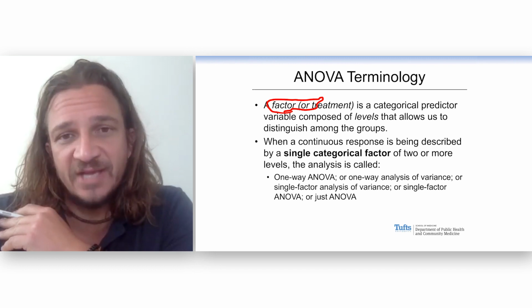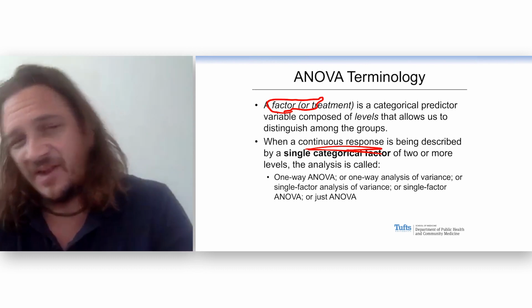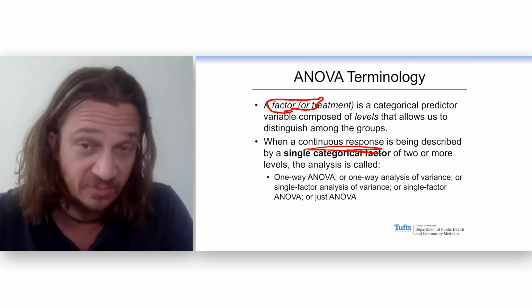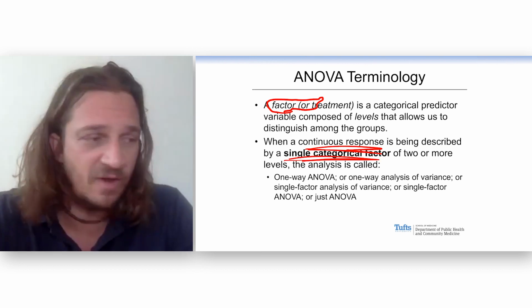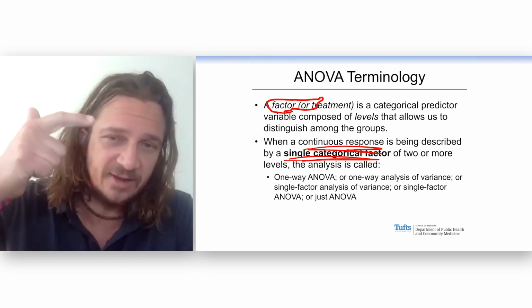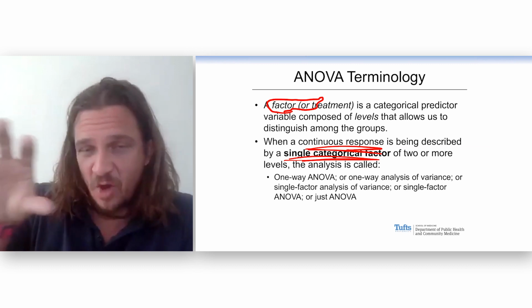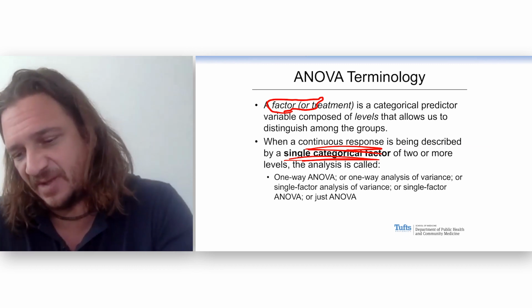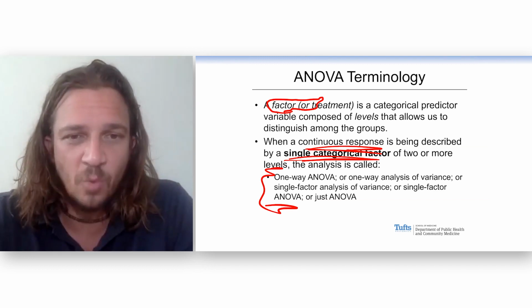Well, blood pressure is our nice continuous variable, right? That's our continuous response. And if we're trying to use one factor to see what's going on, that would be our single categorical factor. And however you happen to be defining race, maybe you have white, black, Hispanic, white, black, Asian, white, black, however you do it, that is called your factor. And we'll see a bunch of different terms for this. If you just say ANOVA, usually it's a one-way ANOVA.